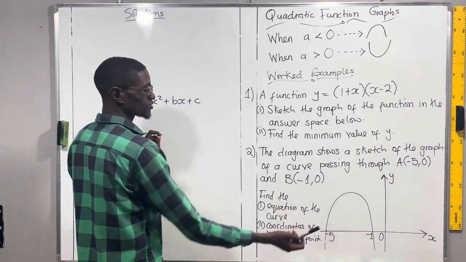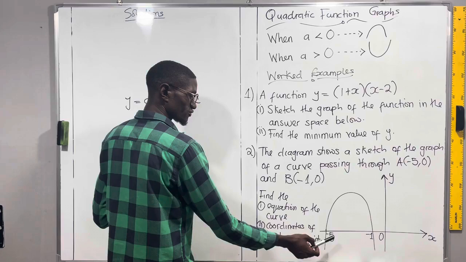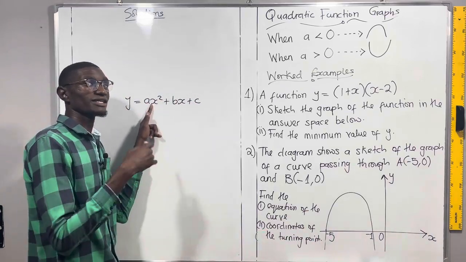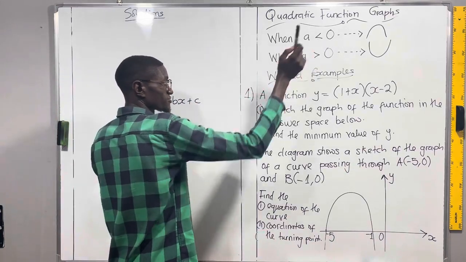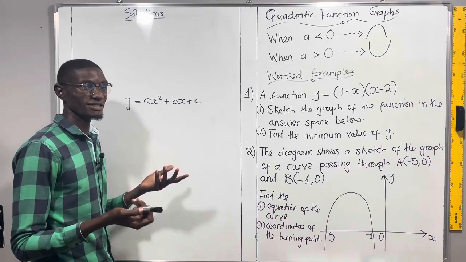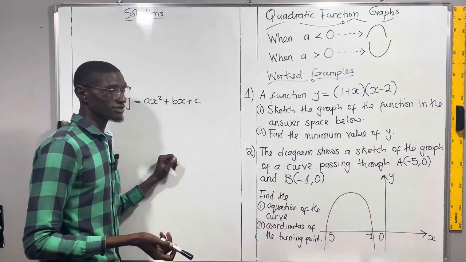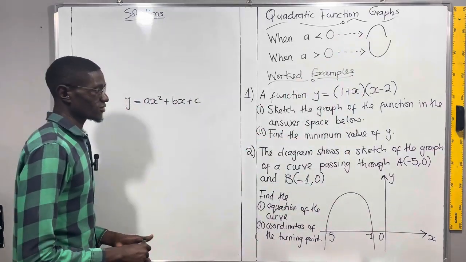For example, this one right here, you can see it is a frown, right? So the coefficient of x squared in the equation should be a negative number. Because when a is less than 0, when a is negative, that's when you have a frown. But when a is positive, that's when you're going to have a what? A smile. So that is that.